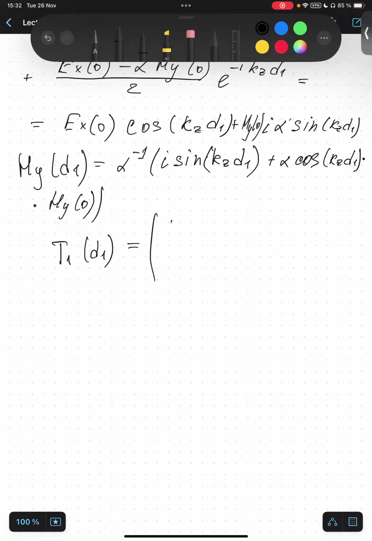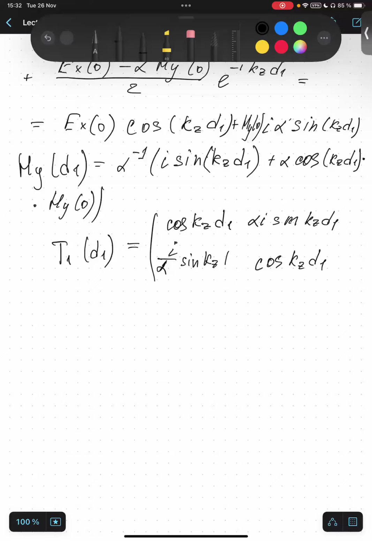Here cosine kz d1, here also cosine kz d1, here i sine kz d1 times alpha, and here i over alpha sine kz d1. Here's the transfer matrix for the first layer.